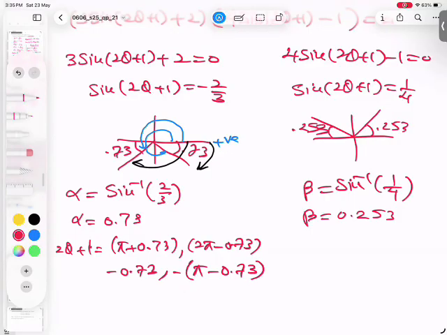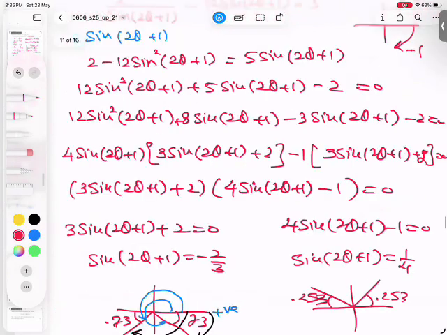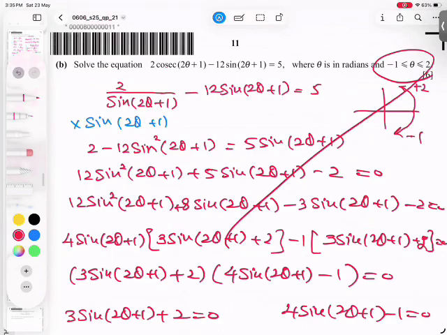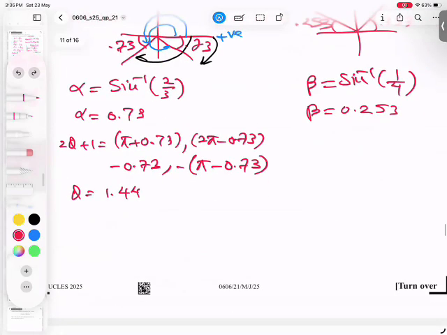Now for every answer, subtract 1 and divide by 2. So let's see what answer number one comes to. Pi plus 0.73, minus 1 and divided by 2. My first answer is coming 1.44. But you know, we have to keep our eye on our target, positive 2 and negative 1.